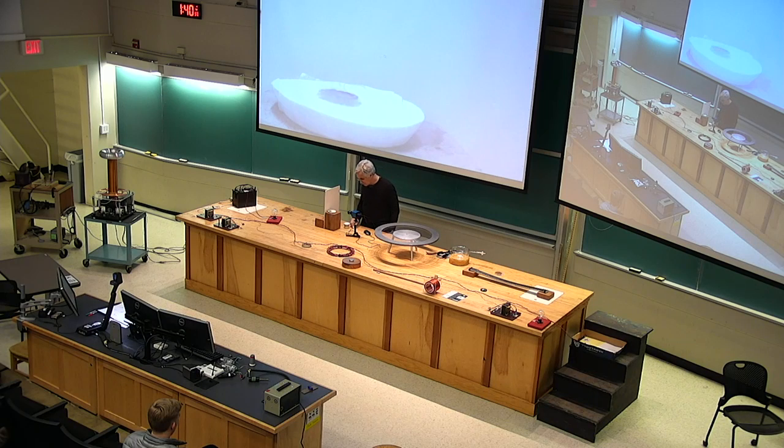So this now should be a superconductor. And when I land the magnet on it now, it's touching. Can I get it to not touch? Oops. Don't bounce. There we go. Is that good?